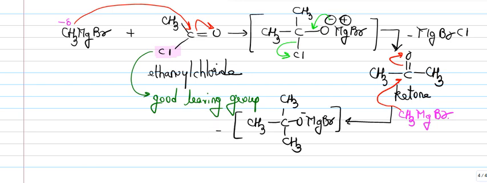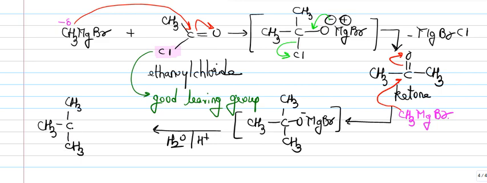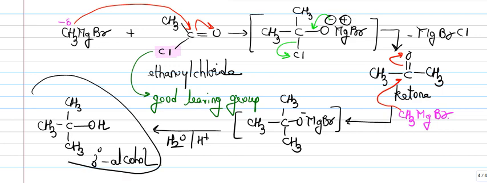This is the intermediate, and it undergoes hydrolysis and gives you a tertiary alcohol. So even acid chlorides can produce tertiary alcohols.